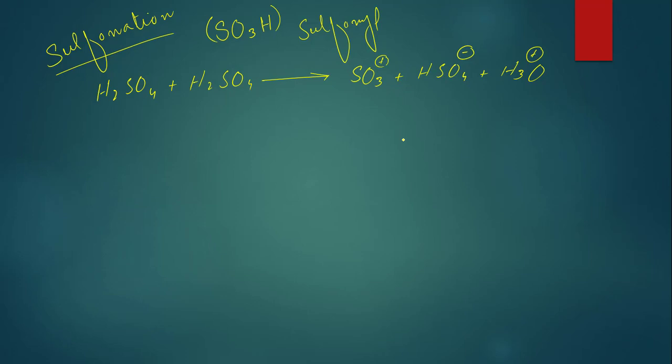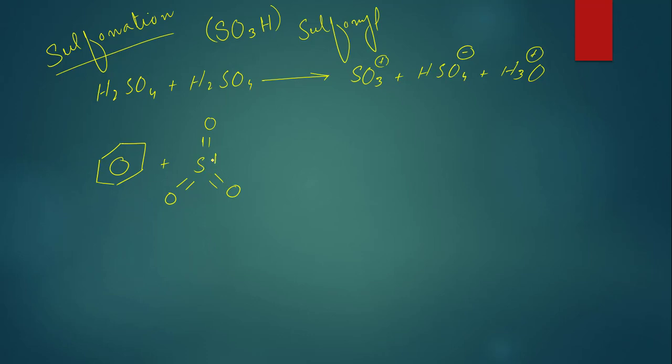So the important thing for us is this, because this will react with this benzene. Actually, this is sulfur connected with 3 oxygens. Oxygen is more electronegative than sulfur, so these oxygens are pulling the electrons of the sulfur towards themselves.